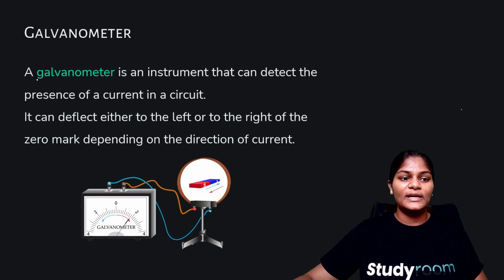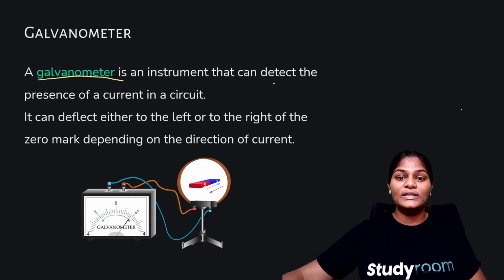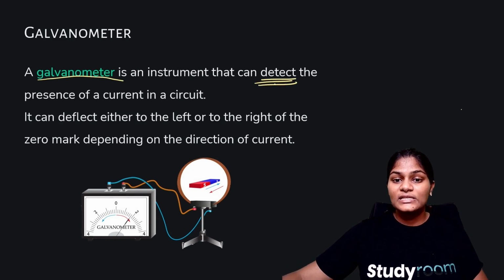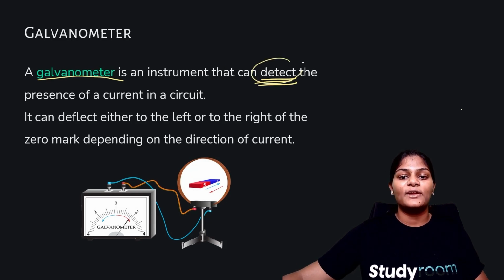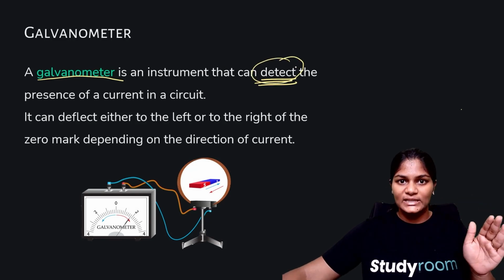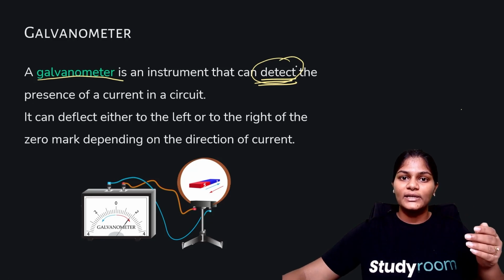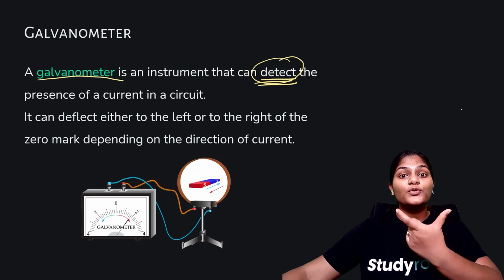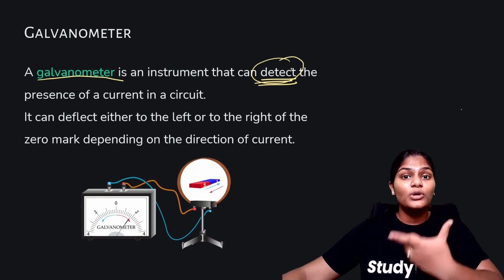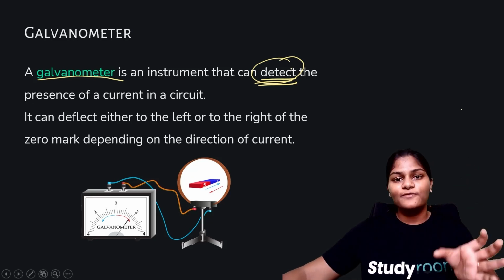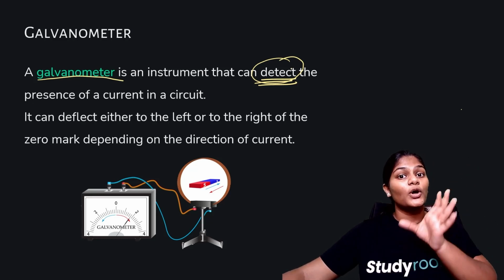So it's written here that a galvanometer is an instrument that can detect. This is the important word in case of a galvanometer. It doesn't measure anything. Like if a voltmeter is connected across a resistor, it would give you the potential difference with a unit in volts. It is going to tell you 5 volts potential difference across this wire or a resistor.